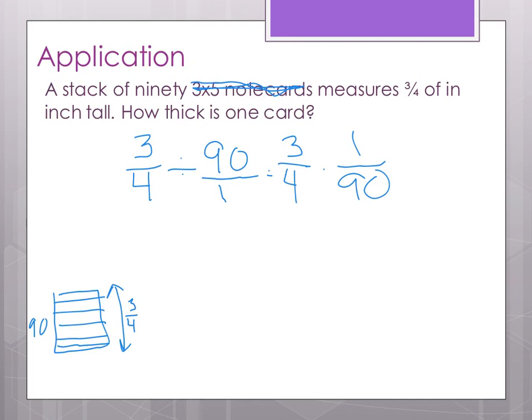There are. 3 and 90 are both divisible by 3. 90 divided by 3 is going to be 30. And now I can multiply. On the top, I'm going to get 1. On the bottom, 4 times 30 is going to be 120. So each note card is 1/120th of an inch thick.